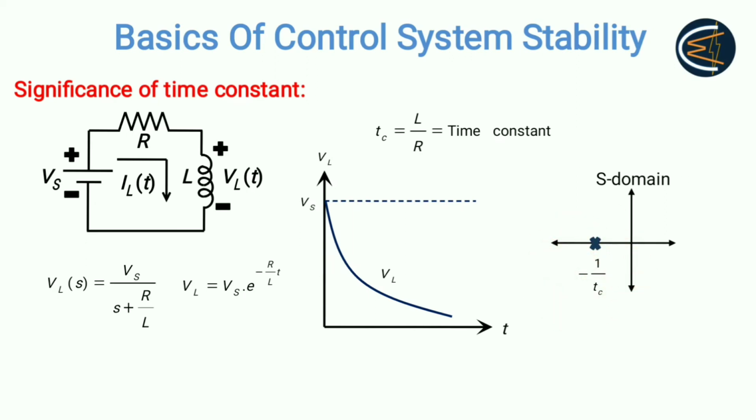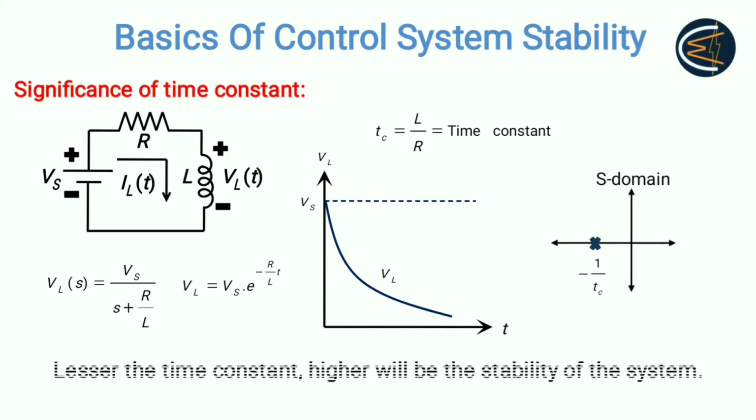Okay, so from here what can you comment? The significance of time constant is this: the lesser the time constant, the higher will be the stability of the system. See here, if you increase the time constant Tc, what will happen? The position of the pole will come closer to the j omega axis, and as you all know, the closer the position of the pole with respect to the j omega axis, the lesser will be the system stability.